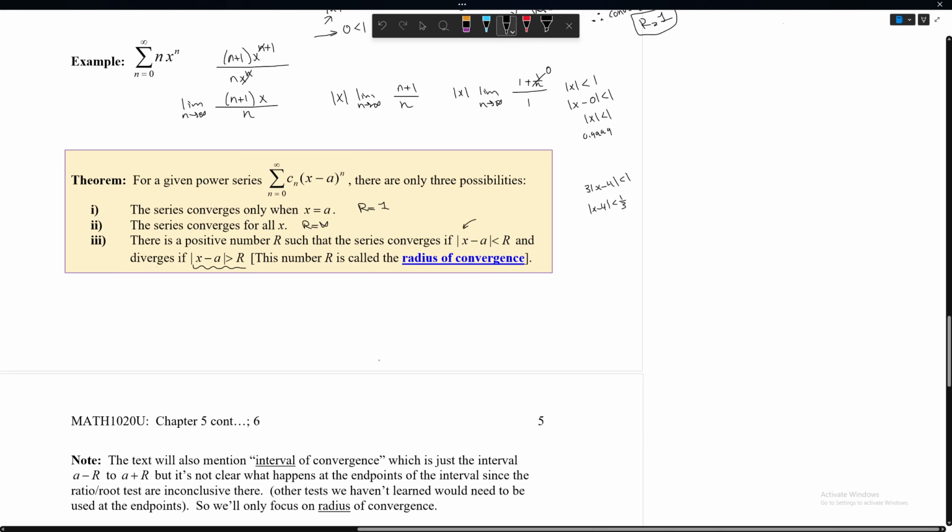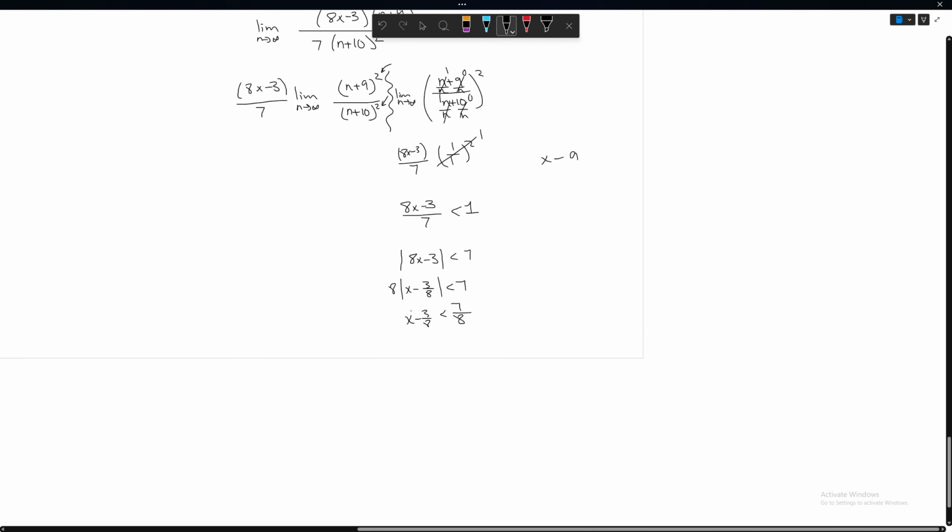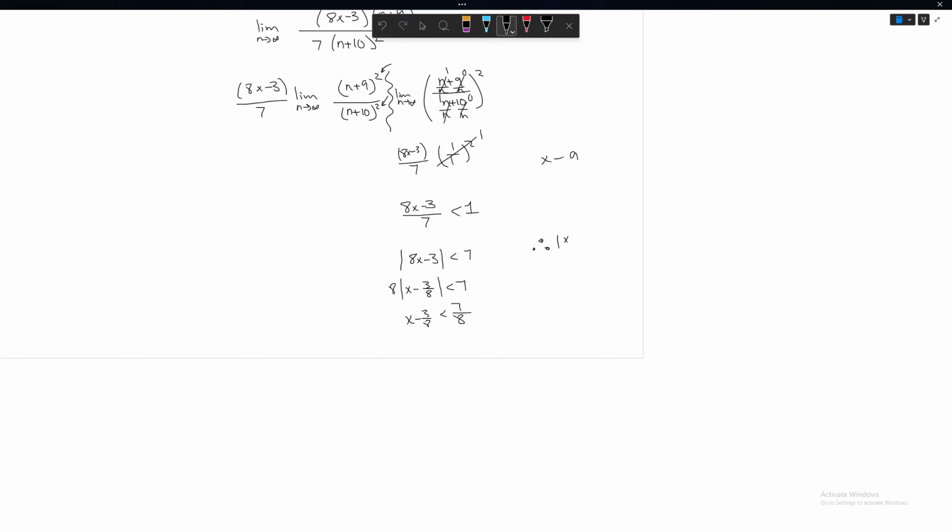And remember, if I go back to our rules, for this example you can just say therefore my x minus 3 over 8 is less than 7 over 8. This basically says your series converges whenever this is less than 7 over 8. Or you can say my r equals 7 over 8. You're saying the same thing.